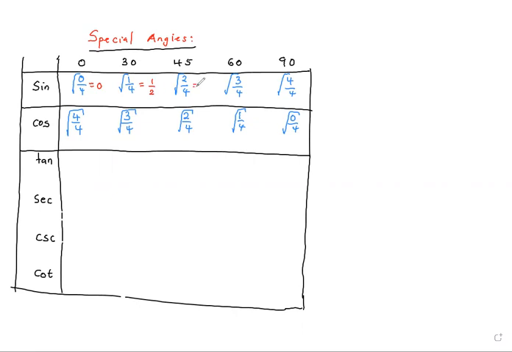Sine 45, root 2 over 2. Sine 60, root 3 over 2. Sine 90, 1. And for cos: 1, root 3 over 2, root 2 over 2, half, 0.